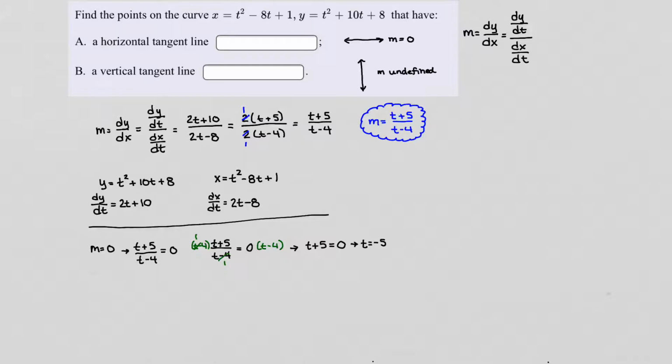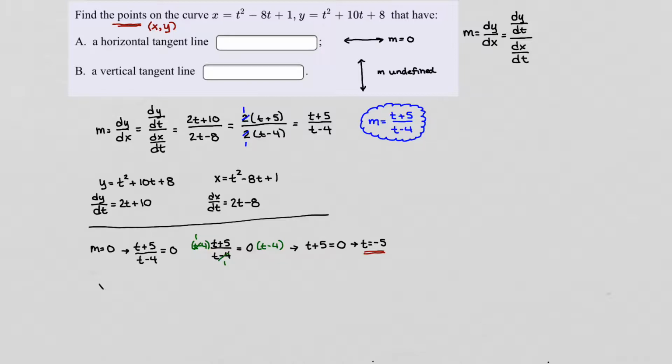The problem, however, doesn't ask for the t value. The problem specifically states find the points on the curve. And points on the curve we know have values x and y that depend on t. And so we just simply have to go back and find x and y. We do this by substituting t equals -5 into the functions x and y.